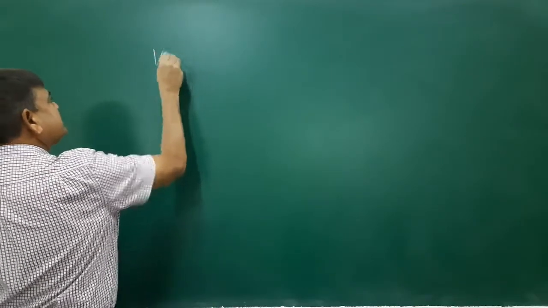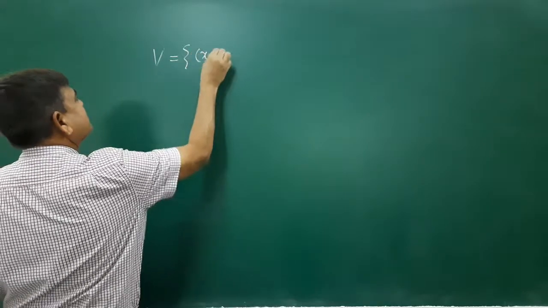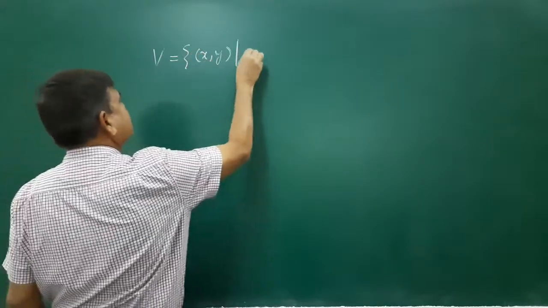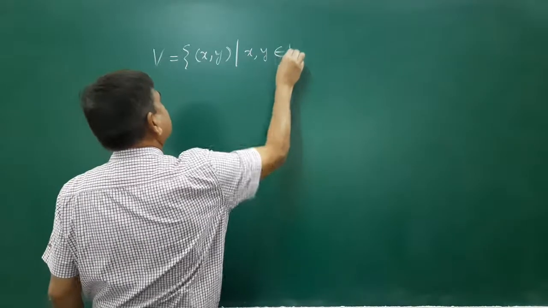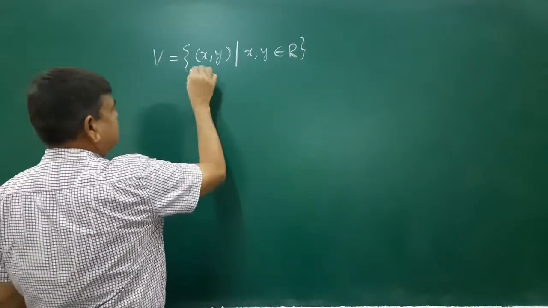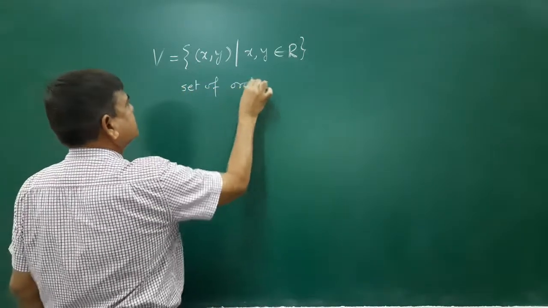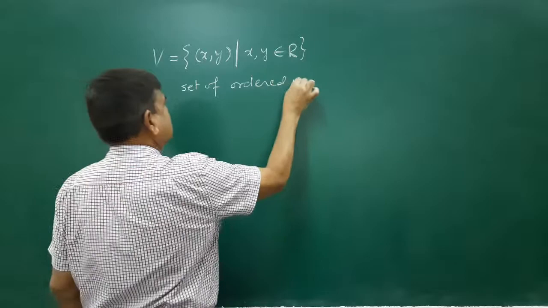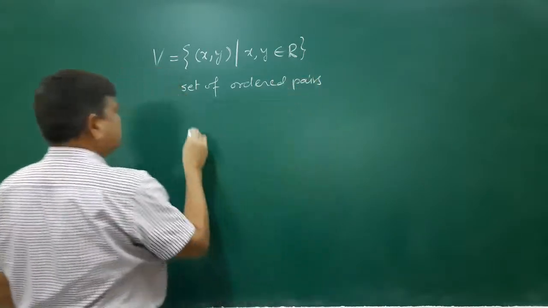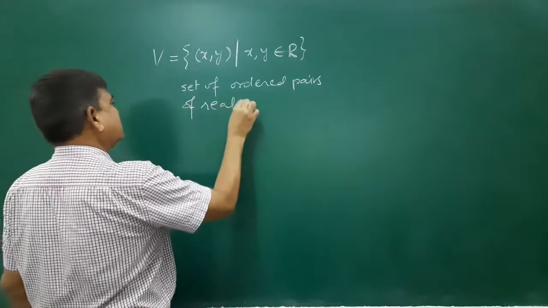V is a set of ordered pairs, remember, set of ordered pairs of real numbers.